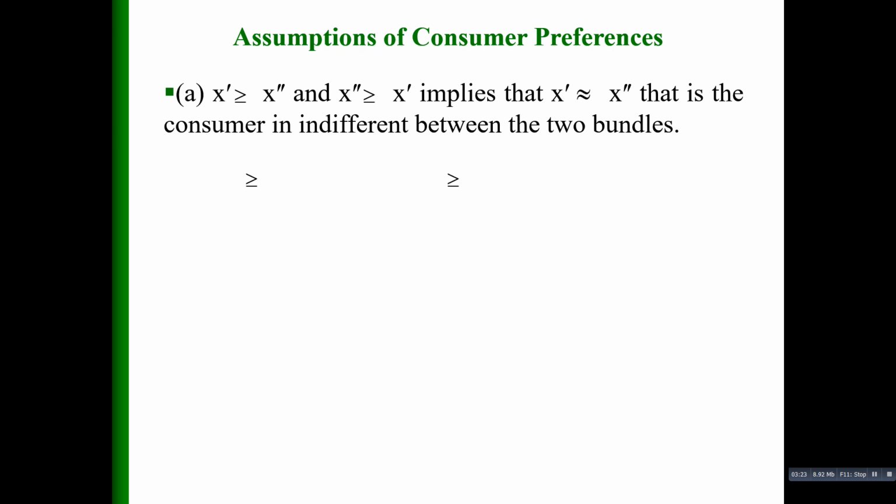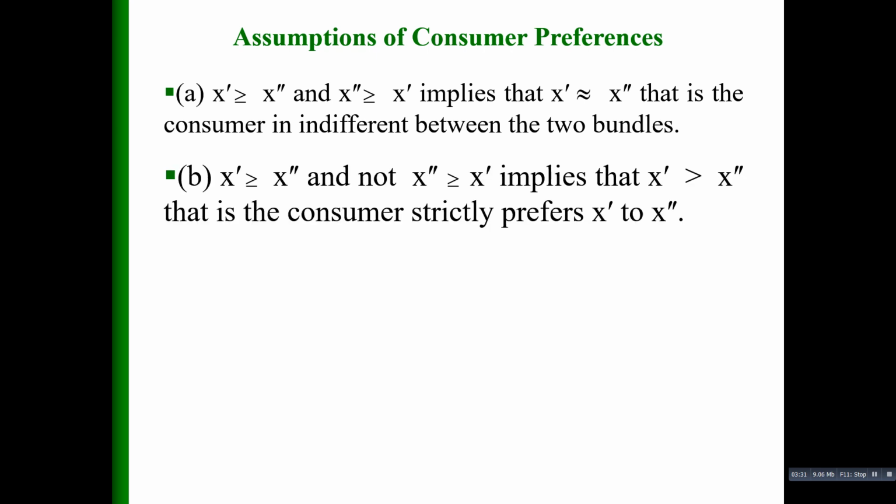One bundle is x prime and another bundle is x double prime. B. X prime greater than or equal to x double prime and not x double prime greater than or equal to x prime implies that x prime is strictly preferred to x double prime. So we may explain that the consumer strictly prefers x prime to x double prime.